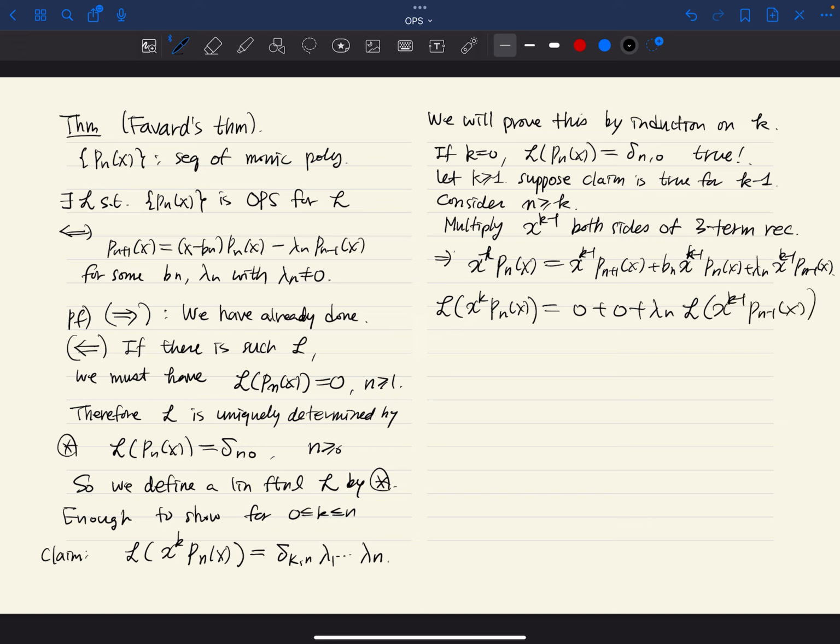But by induction hypothesis again, this is equal to zero unless k is equal to n. So this is really by induction hypothesis delta nk lambda 1 through lambda n minus 1. Because these two are equal, that means n equals k. So then that means it's still true. So by the induction we are done. So the claim is proved. So that's the proof.